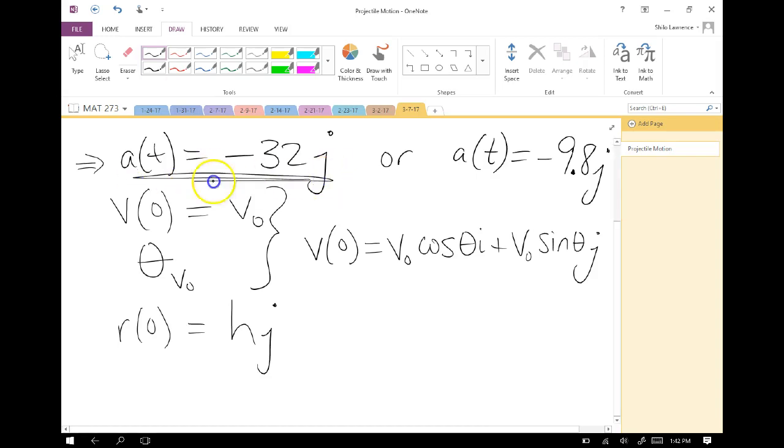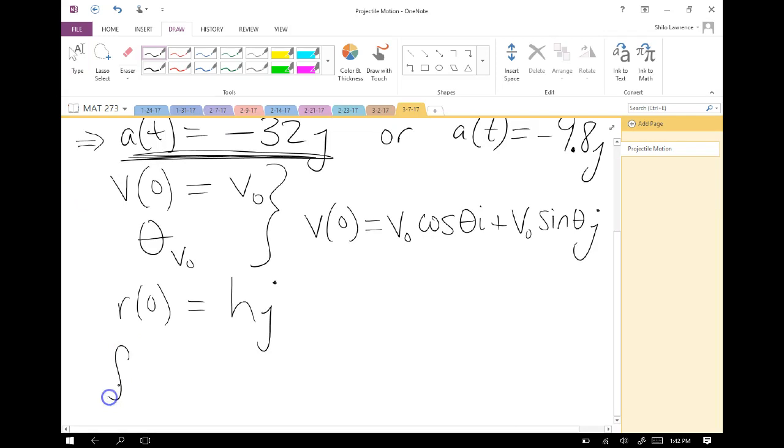So we can use what we know about acceleration due to gravity, and we can use integration to work our way backwards to a position function. So if we integrate our acceleration with respect to t, right now the i component is 0, and the antiderivative will be a constant. The j component is a constant, so its antiderivative will be linear plus our arbitrary constant.